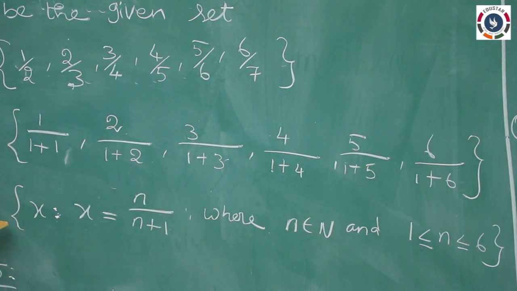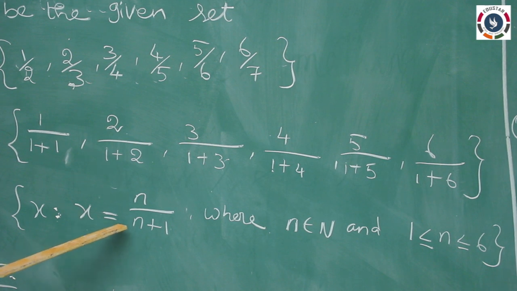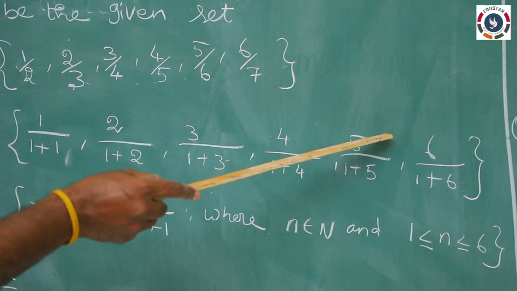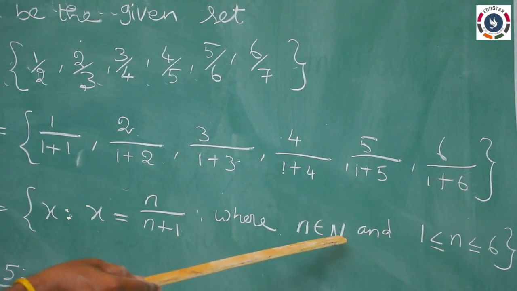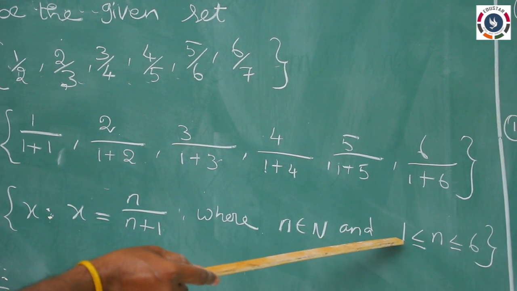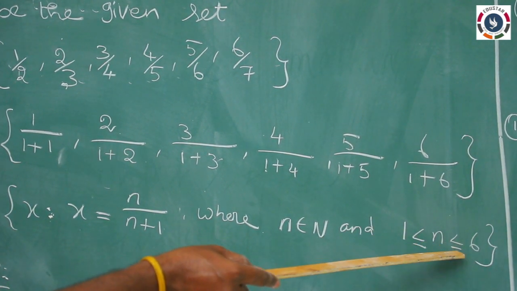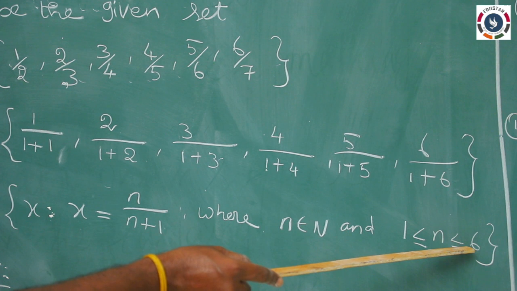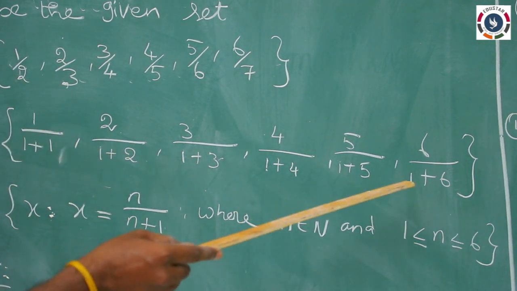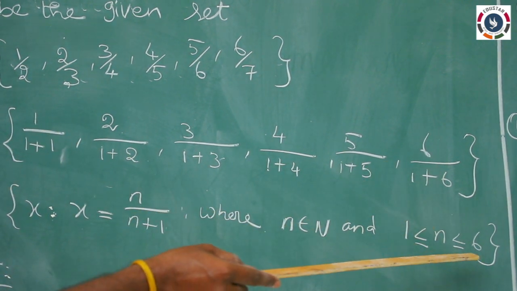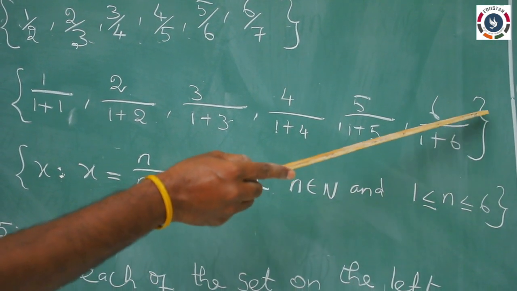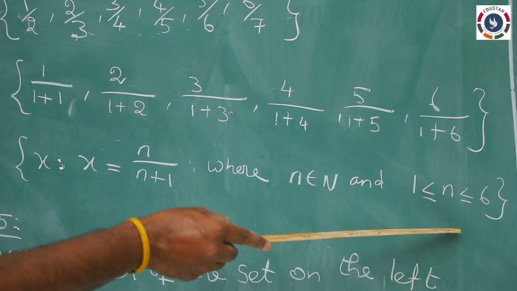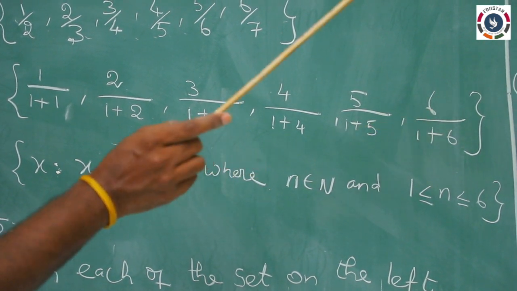So, this can be written as x such that x equal to n divided by n plus 1, where n belongs to N and 1 less than or equal to n less than or equal to 6, because the numerator values are 1 to 6. Suppose we put n equal to 7, we get 7 by 1 plus 7. So, this is not in the set.